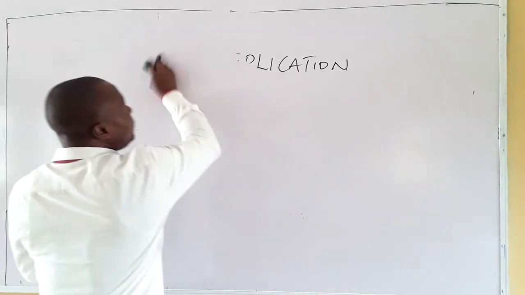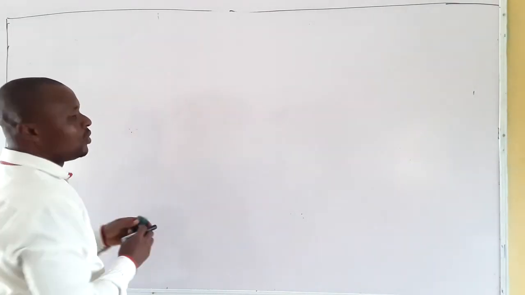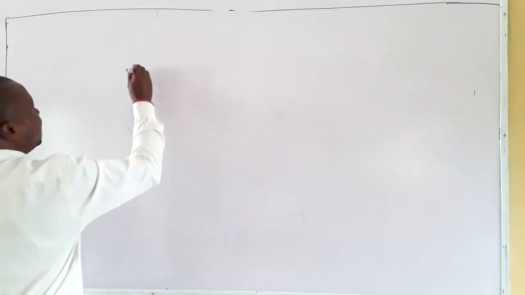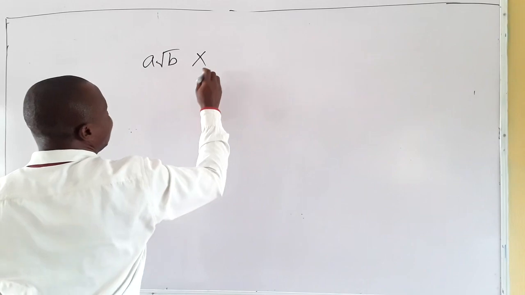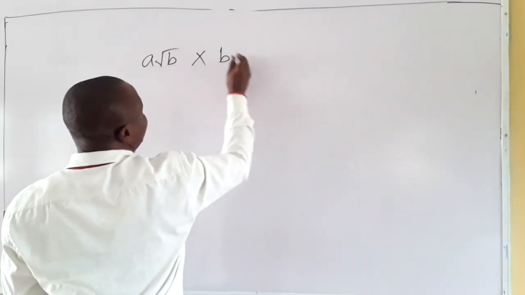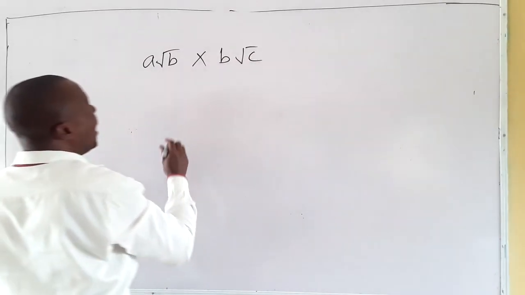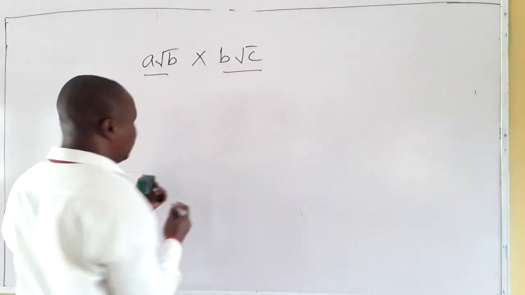Now, how are surds multiplied? For instance, you have a surd, say a root b times b root c. How can you multiply these two surds?